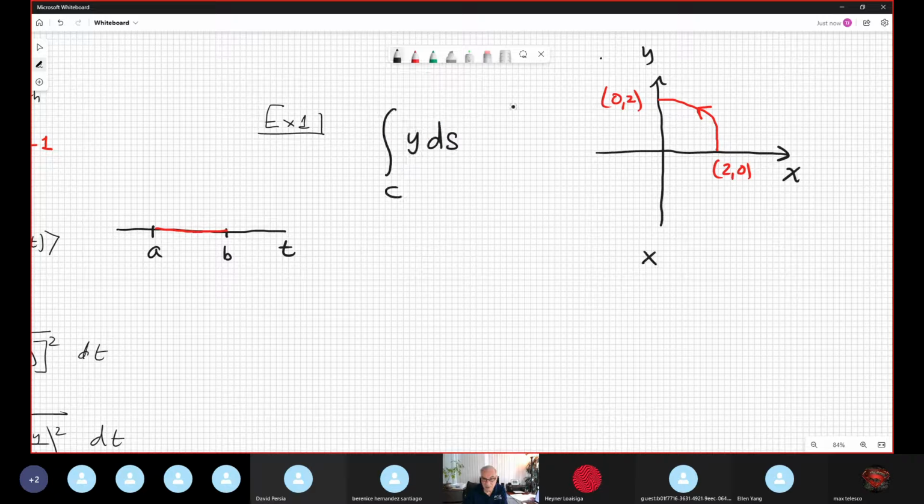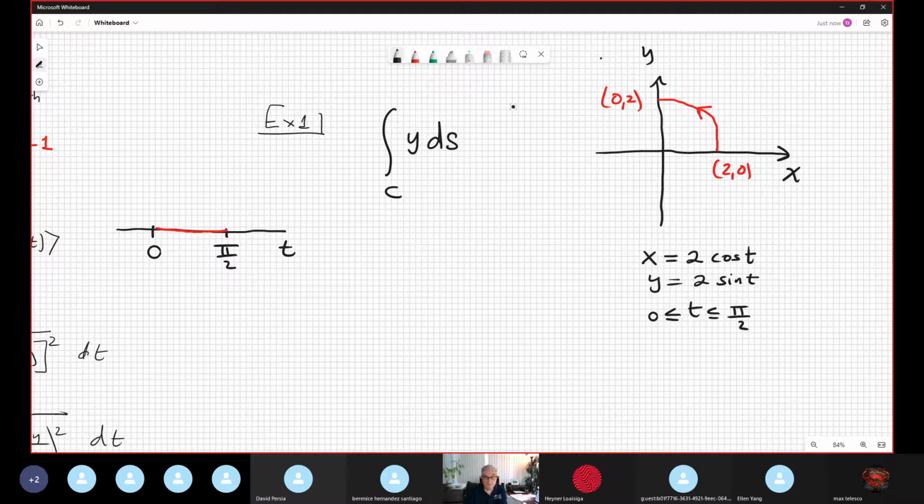So suppose x is 2, the radius, times cosine t, y is 2 sine t, and t varies from 0 to pi over 2, because it's a quarter circle. So basically, after the parameterization, the domain is one segment that goes from 0 to pi over 2.